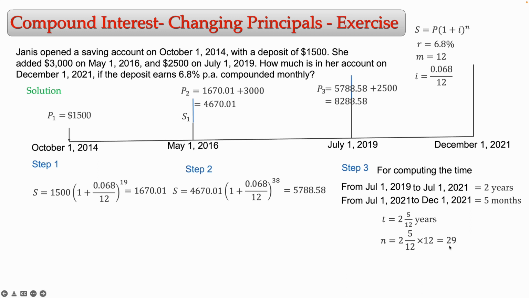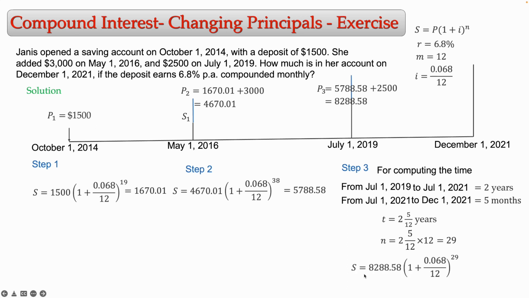Now that you have this number, you can use the formula again to compute the future value. And this will be actually the future value on December 1st, 2021. That is the question: how much is in her account on December 1st, 2021. So this will be the answer of the problem.